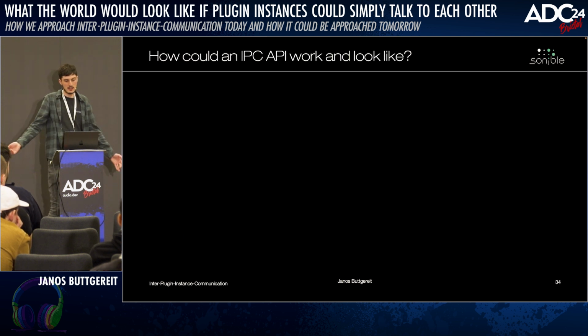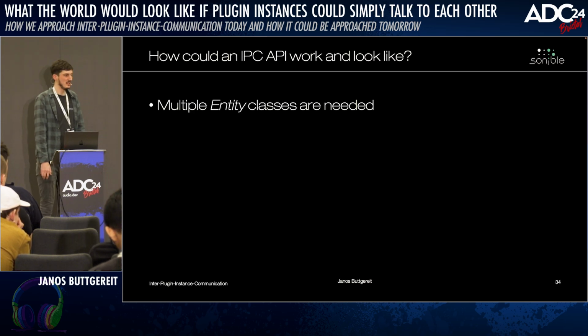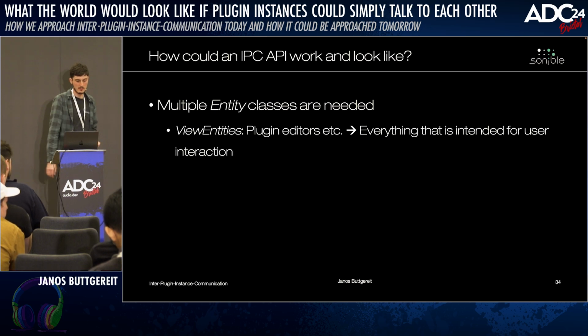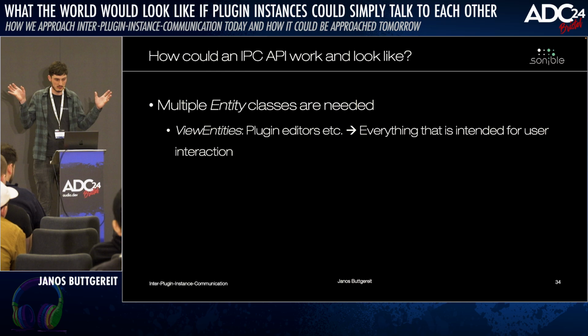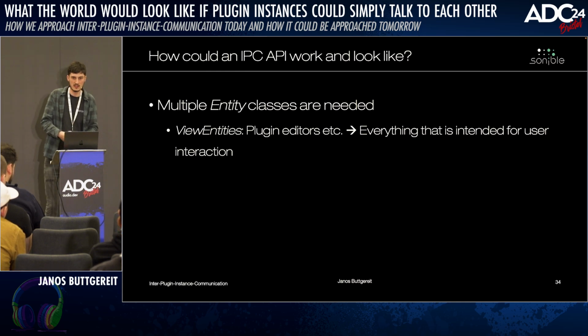So how can an IPC API that I have in mind work and look like? We would need multiple entity classes. I presented the view entity, so just more views to some entities that are used for user interaction, so basically UI entities.